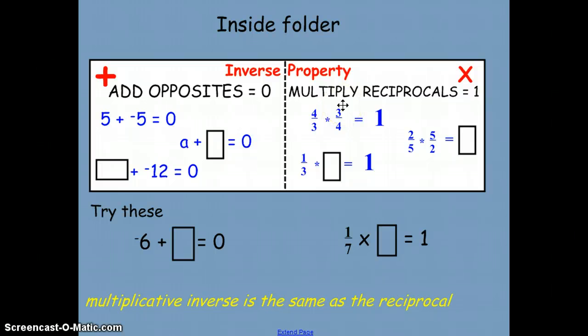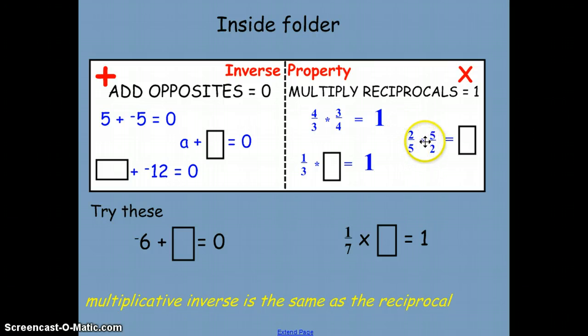Now, for multiplying reciprocals, that will give you 1 for the inverse property of multiplication. So here 4 over 3, the reciprocal of that, or the multiplicative inverse of that, is 3/4. You multiply them straight across, you get 12 over 12, which equals 1.